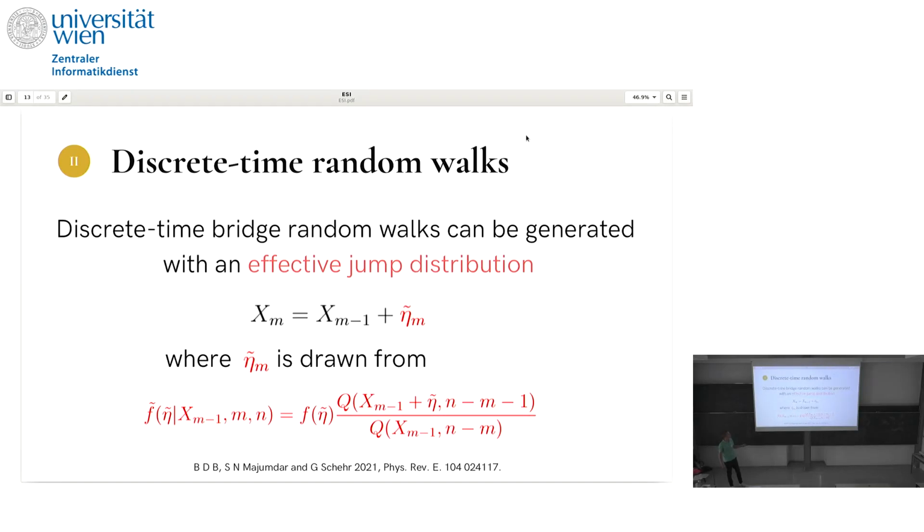So this effective process is no more Markovian, and its jump distribution is given by the free jump distribution times a correction, which is the ratio of this backward propagator, which I will explain just later on. So this is the main result for discrete-time random walks. And let me give you how we obtain it.